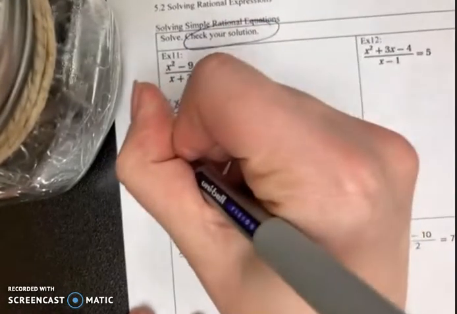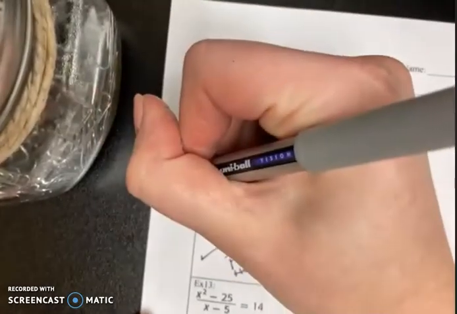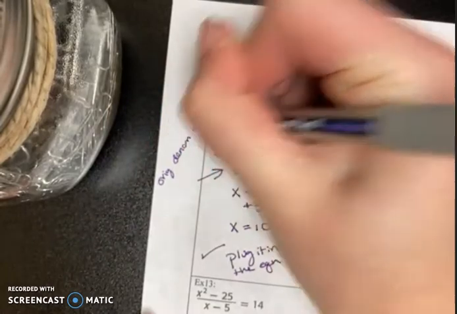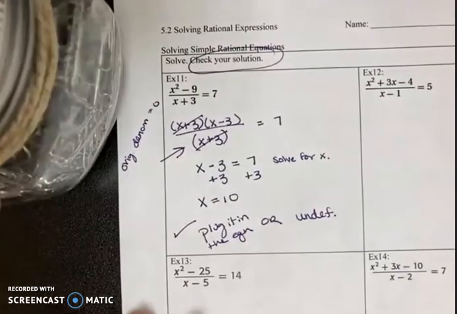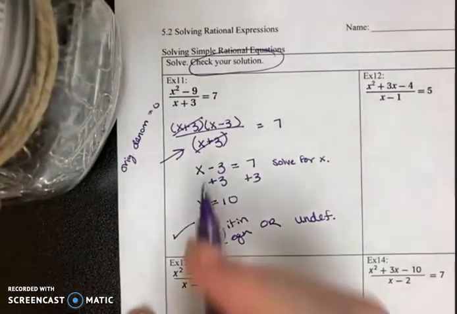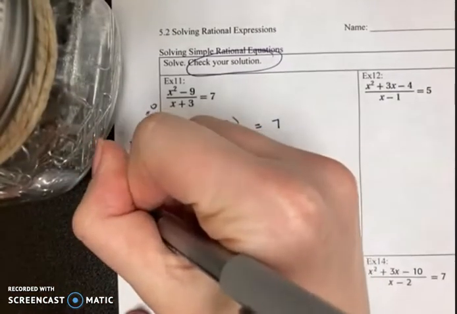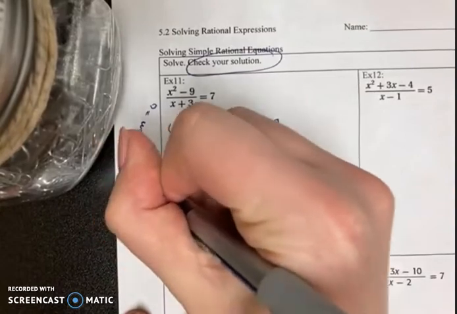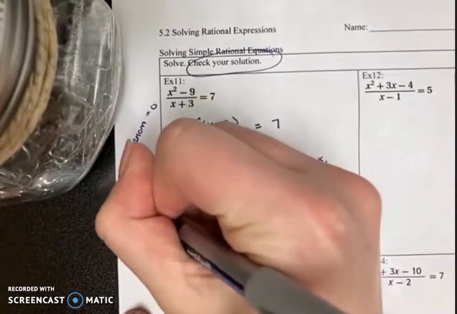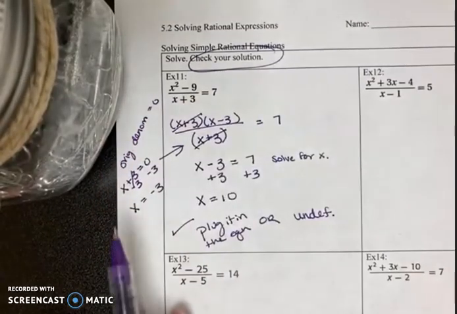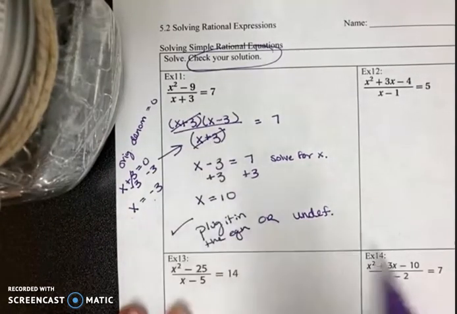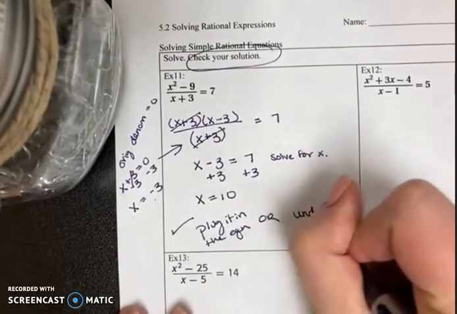So when the original denominator is equal to 0, that would show you what x cannot equal. I'm just going to set x plus 3 equal to 0 and solve by subtracting 3 on each side. So that means when x equals negative 3, the function will be undefined. So x cannot equal negative 3.